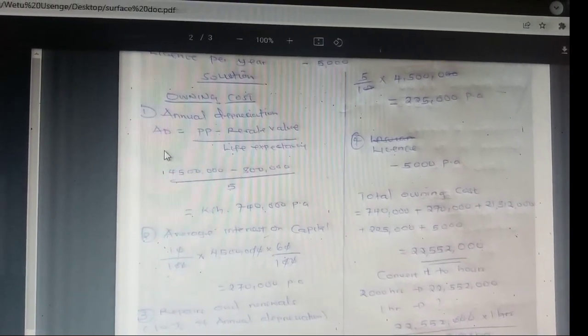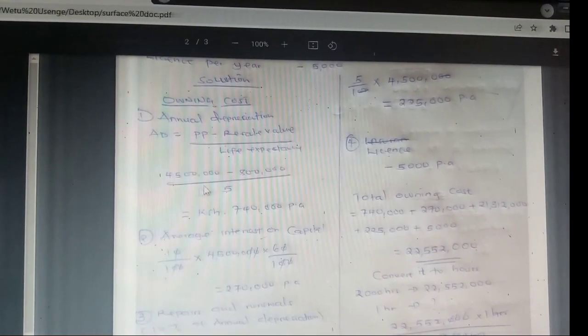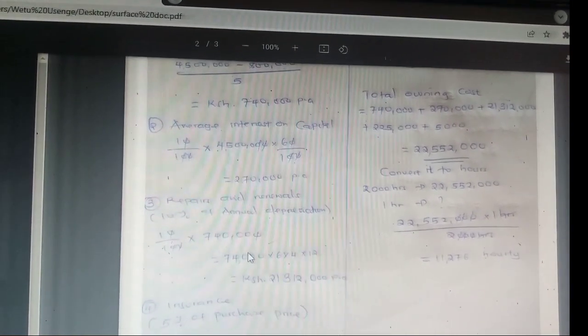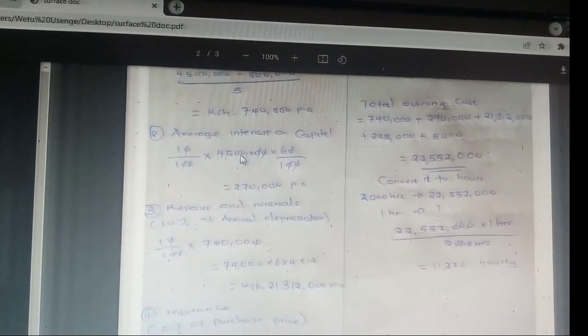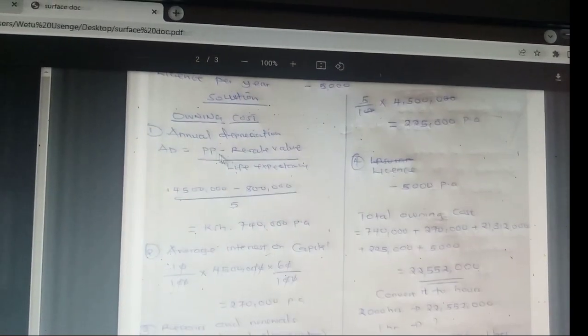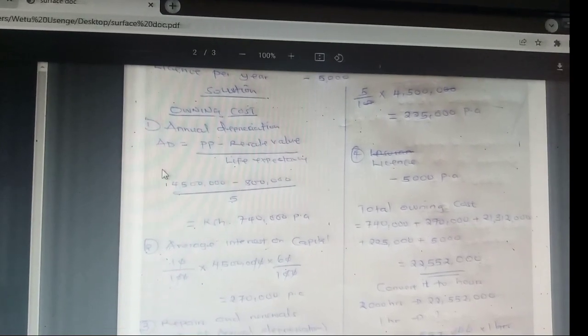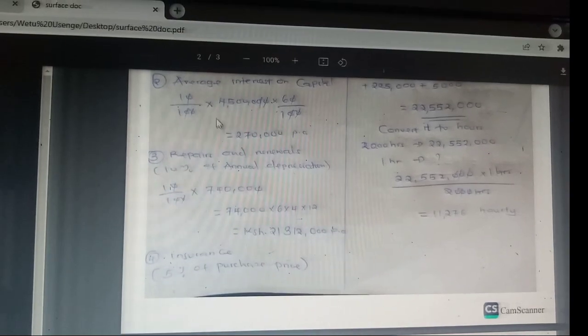The funny part of this question is, whenever you get the annual depreciation wrong, the repairs and renewals amount will be wrong, and your total owning cost will also be wrong. So you must be keen when you are calculating each and every item in this question.